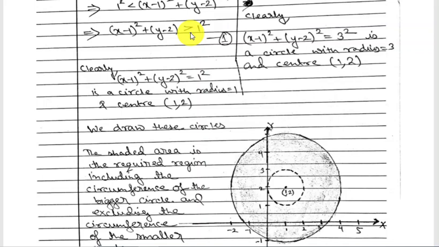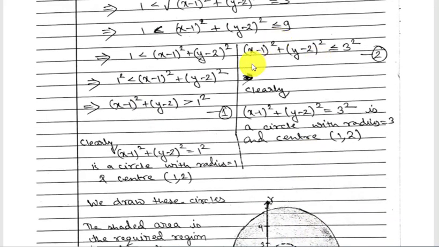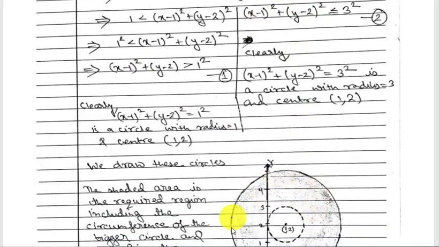So points lying on the circumference will not satisfy this, but the points lying outside the circumference will satisfy this. Done. That's why this is a dotted line, it's not a solid line. And see this, the second circle is drawn.